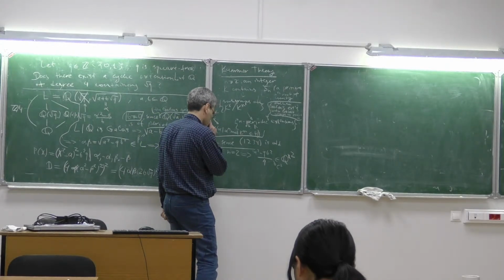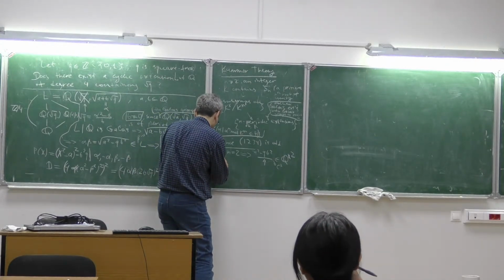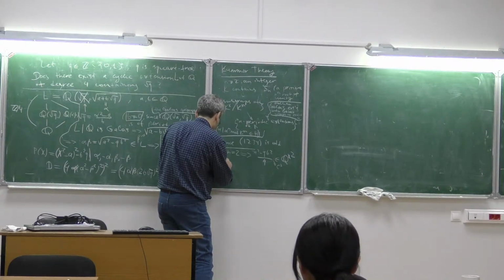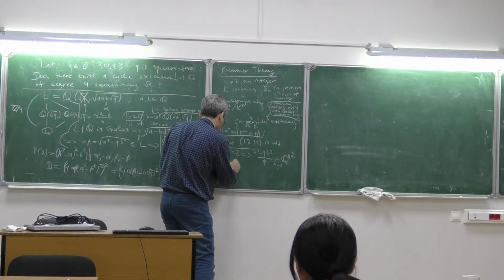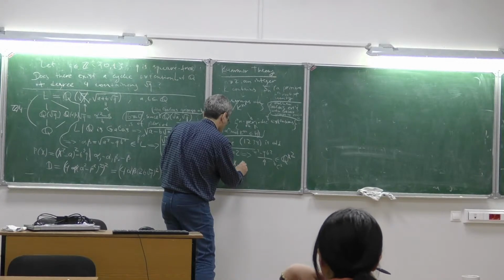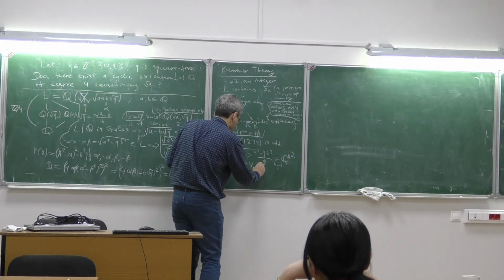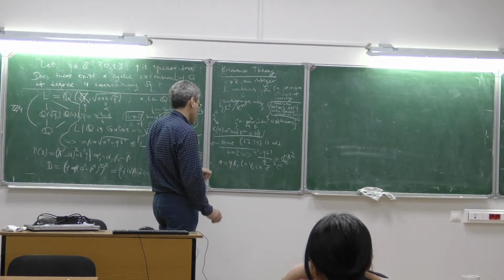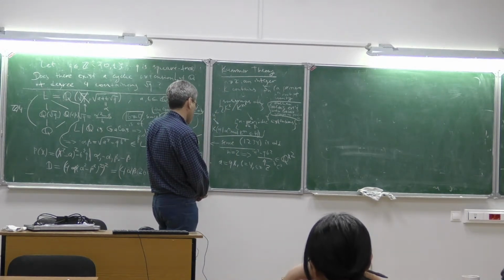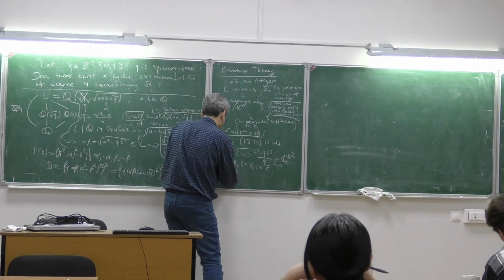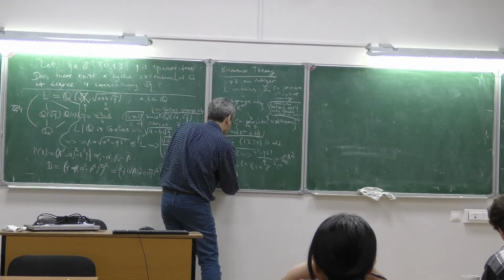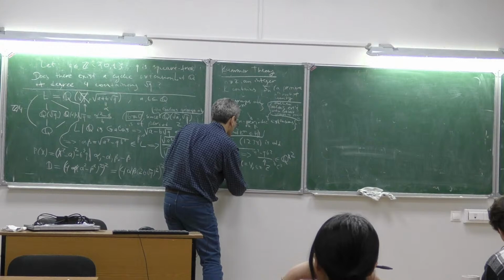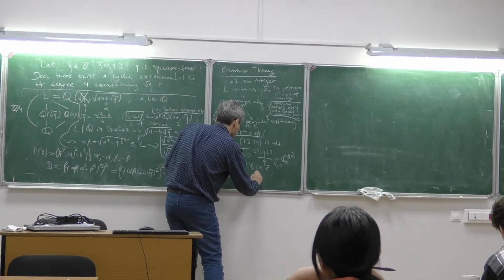So let us denote a by qx, b by y, c by z. Then we get the following equation: q x square is equal to y square plus z square.